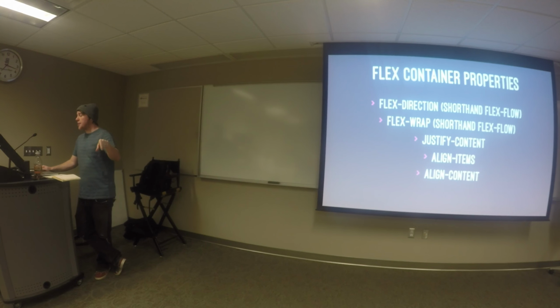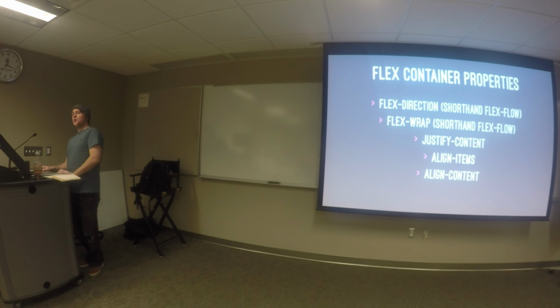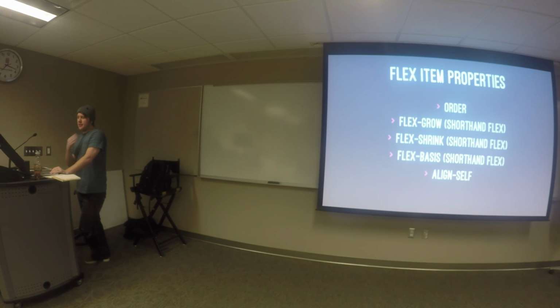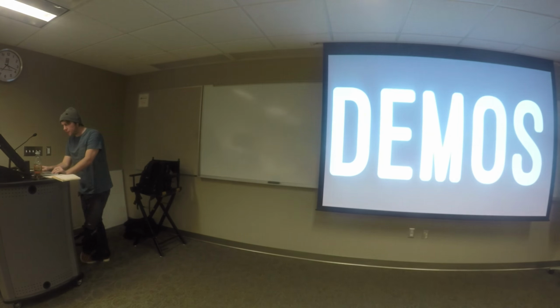So flex direction and flex wrap can be summed up, instead of putting both of those explicitly, you can say flex-flow: row nowrap, instead of actually saying the two of them. We're familiar with this concept. Justify content, align items, and align content. These are all for the container. And then item properties are order, and then grow, shrink, basis, and then align self, which will allow you to shift it independent of what the container's aligning is.